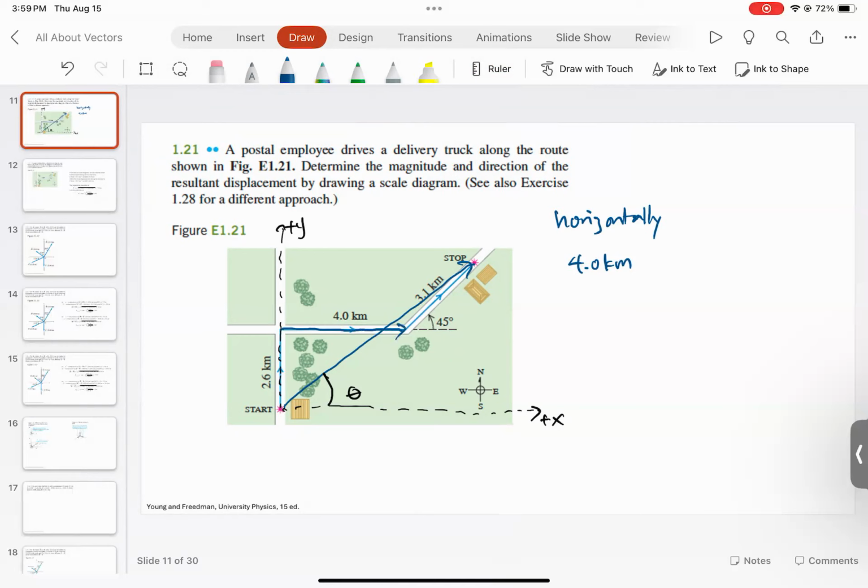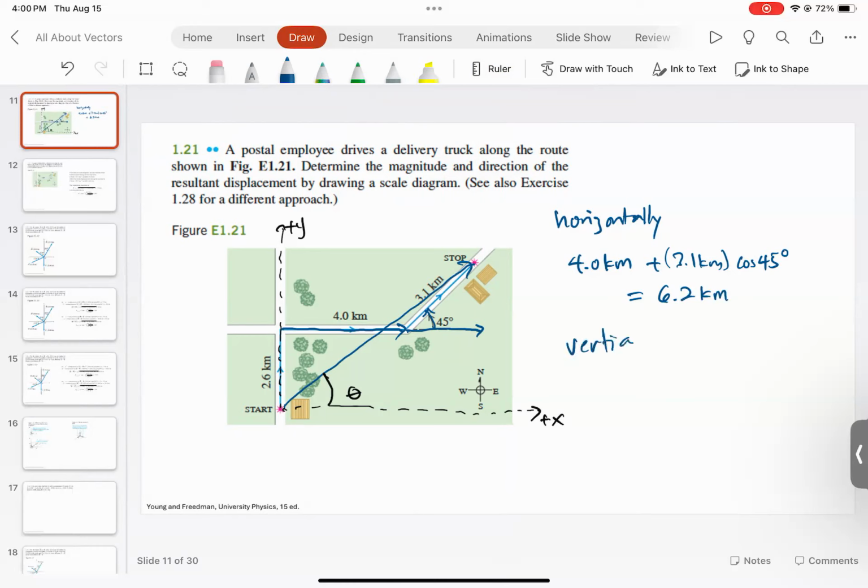And then may displacement ka na ganito yung length, which is basically yung x component ng 3.1 kilometers. So that's 3.1 kilometers times, kung ito yung angle na 45 degrees, that's cosine 45 degrees. And this gives us 6.2 kilometers.